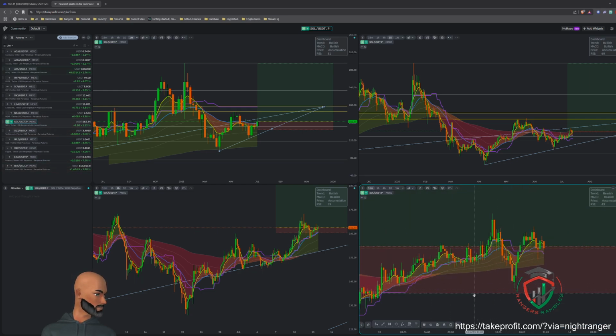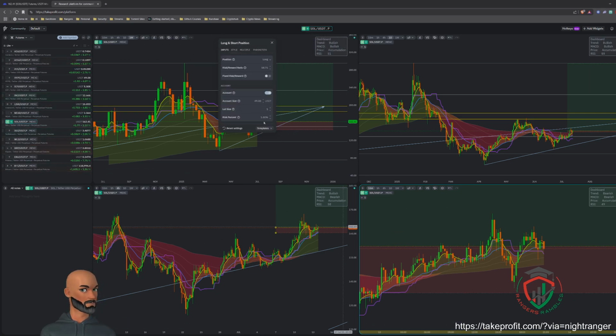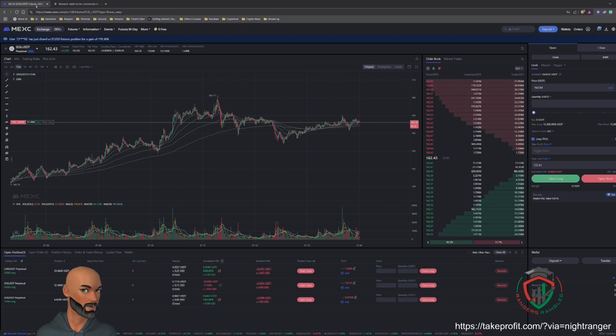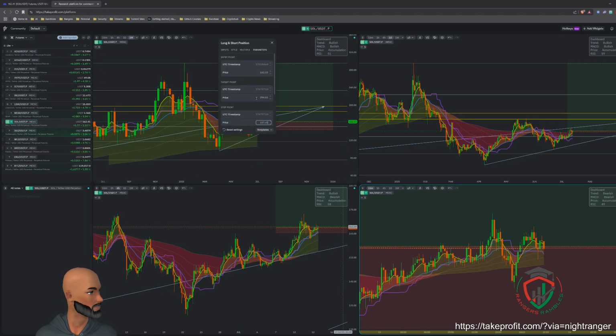Okay. So it's only not too far off there. Entry was crap. This is me trying to find 162.53.